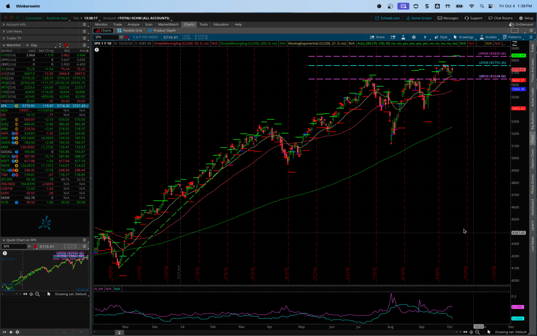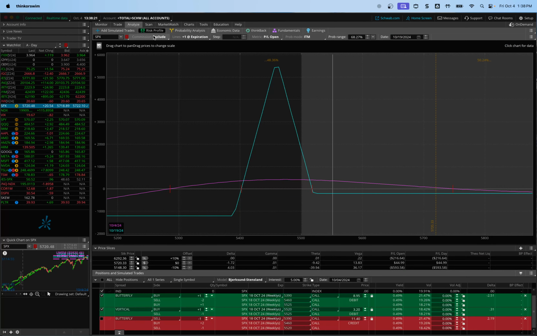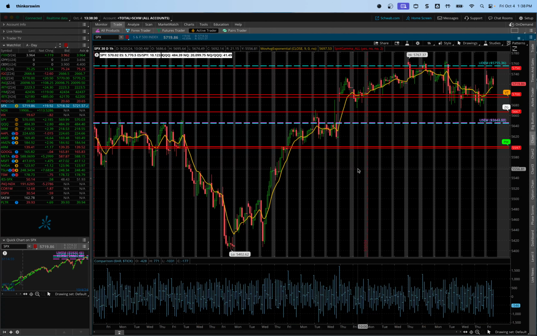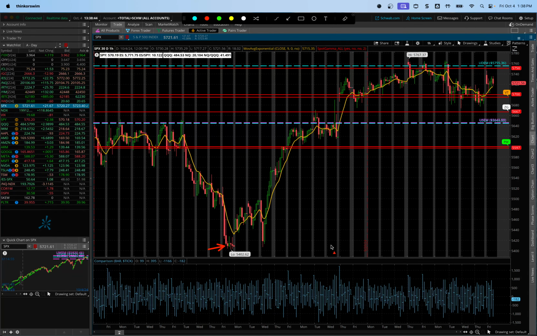All right, let's pick that up now with a 30-day, 1-hour chart. Here's that August 5th low. Oh, I'm sorry, that was after the August 5th low. That's the pullback to just around 5,400.